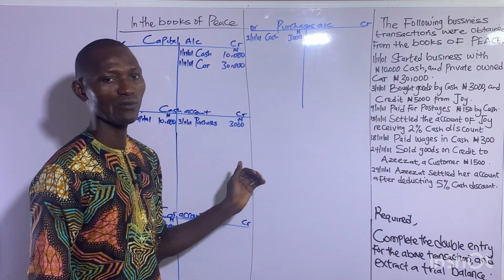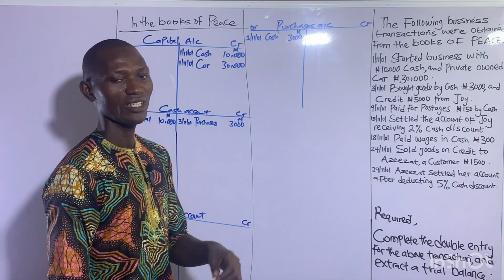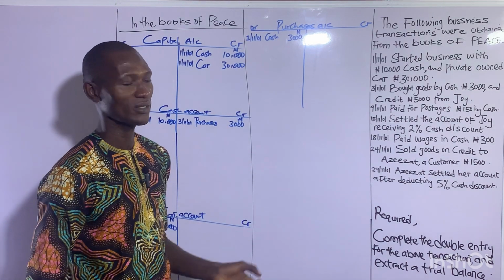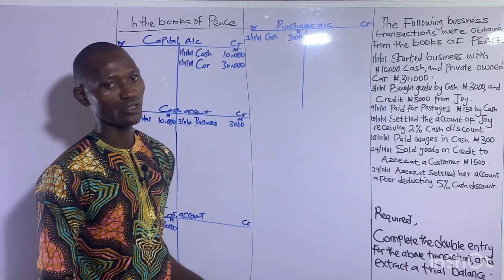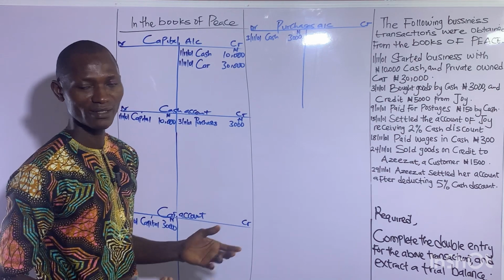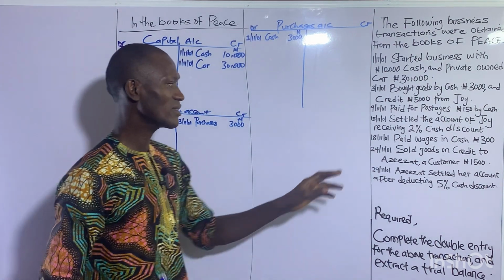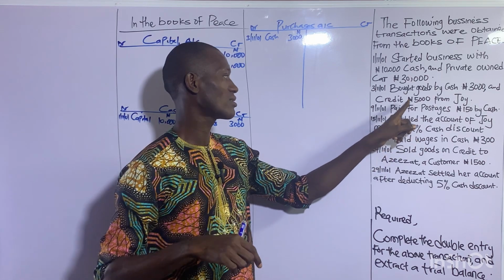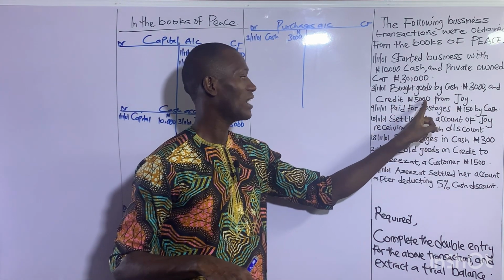So any account you have opened, you must indicate the unit of currency that is used in that business transaction. So we are given naira here. That's why we are putting naira here. If you are given dollar, you put dollar. If you are given pounds, you put pounds. If you are given Ghanaian cedis, you put it there.